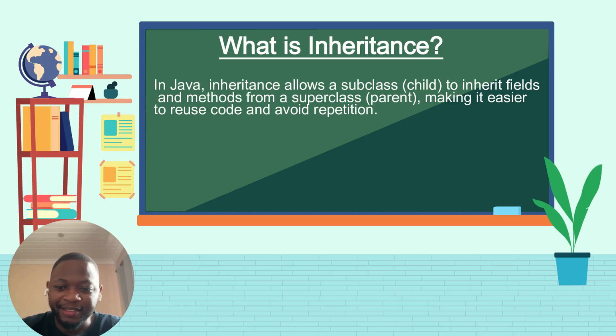We're back again, nation. So we're back on inheritance. So what is inheritance? In Java, inheritance allows a subclass, which is the child class, to inherit fields and methods from a superclass, which is the parent class, making it easier to reuse code and avoid repetition.